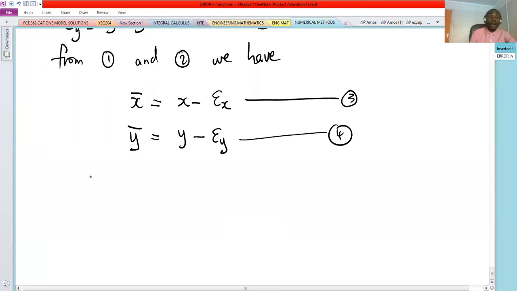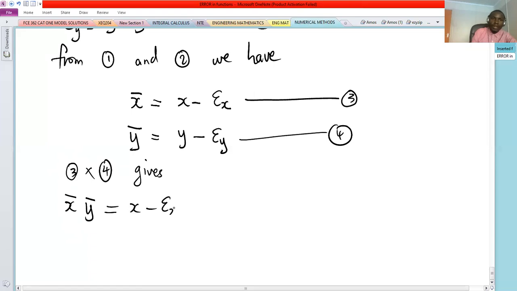Now, because we are interested in getting the relationship for the error of the product of two values x and y, then multiply 3 and 4. So equation 3 multiplied by equation 4 gives x bar times y bar is x minus error in x multiplied by y minus error in y.